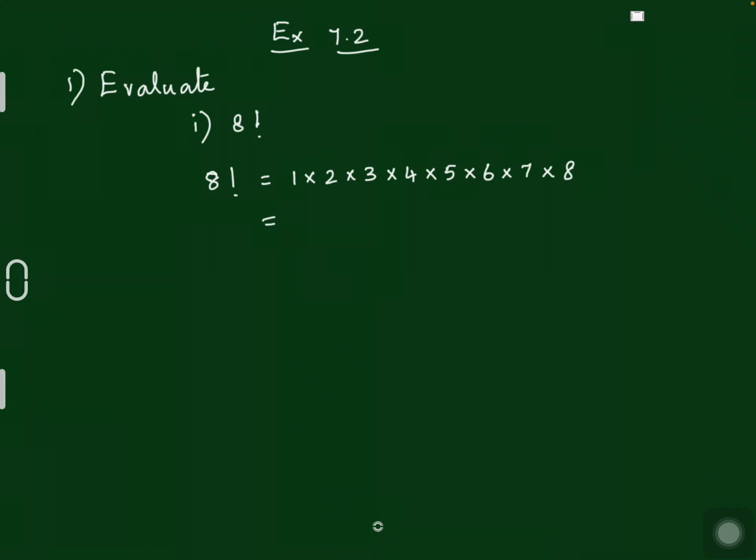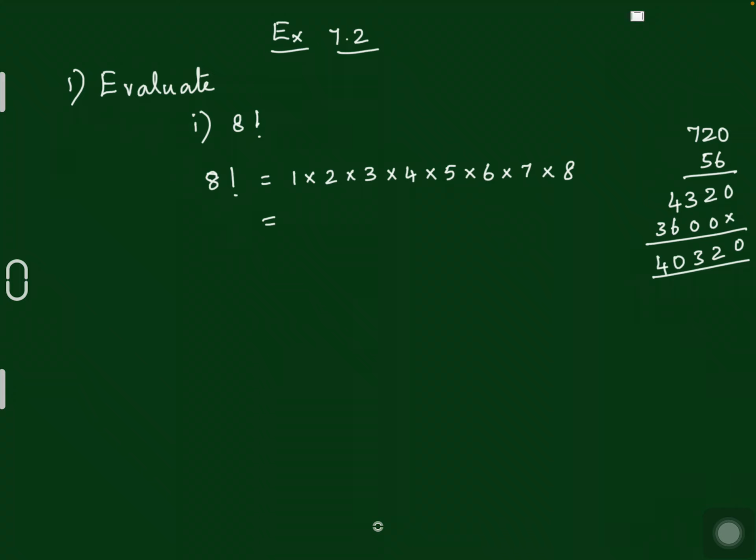So if you multiply all this, 2 3s are 6, 6 4s are 24, 24 5s are 120, 120 into 6 is 720, 720 into 7 is 5040, 5040 into 8 is 40,320.